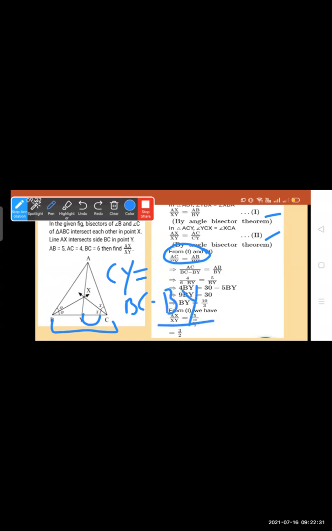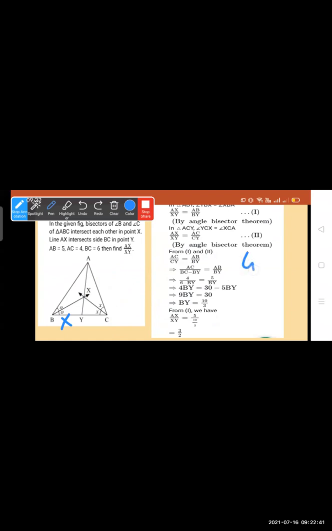Why are we assuming this? Because in the second case, here is BY. Or you can also consider BY as X value. So here you get 4 by 6 minus X is equal to 5 by X. Then cross multiply, and X is equal to BY. So the value is equal to BY. In this way, you can also solve this question.